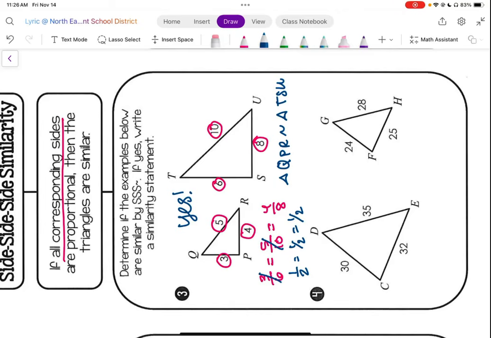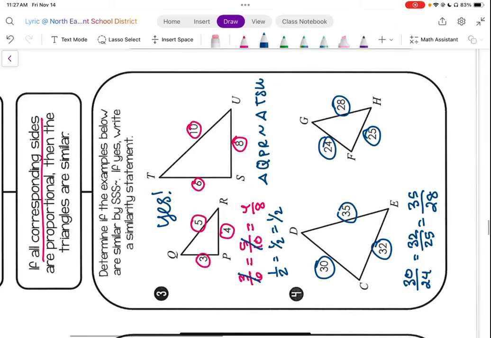All right, for number 4, another one, 30/24, 32/25, 35/28. All right, 30 and 24, we get 1.25. 32/25, we get 1.28. 35/28, okay, so this is 1.25.